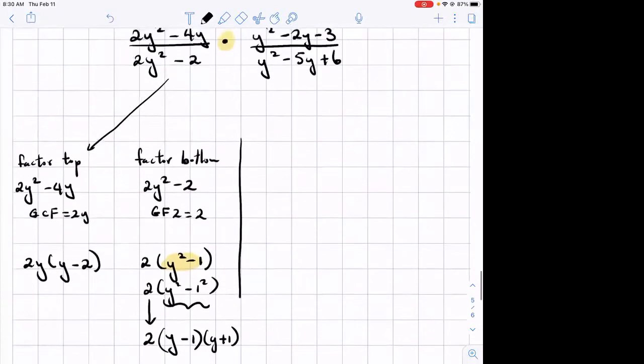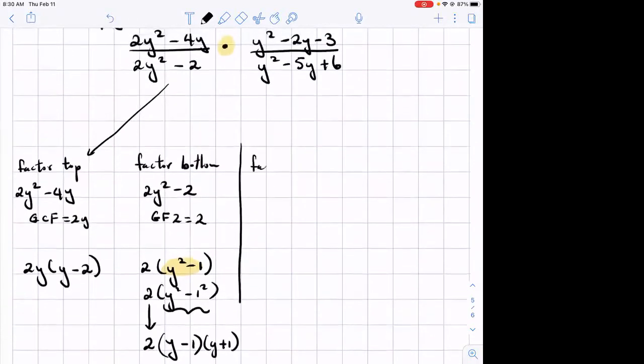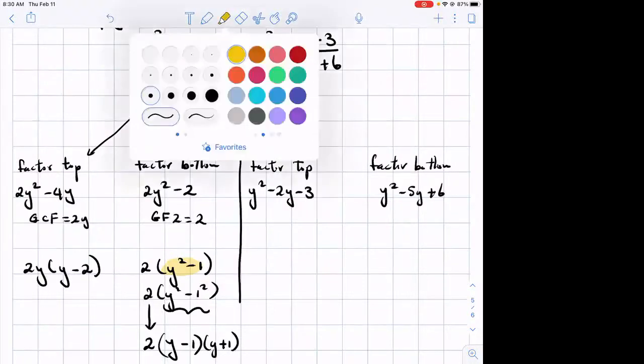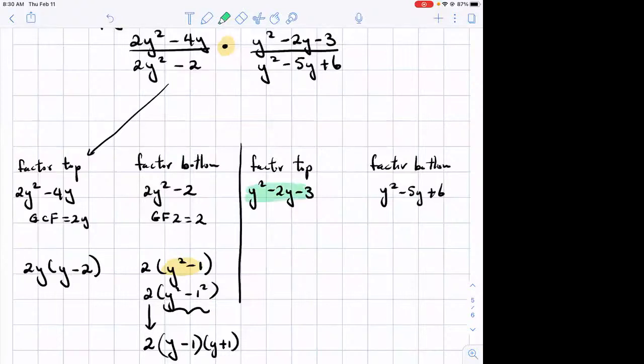Now let's look at the right side. If we factor the top, which is y squared minus 2y minus 3, and we now factor the bottom, which is y squared minus 5y plus 6. Well, these are both quadratics, okay? So we know that this could possibly factor into the product of two binomials.